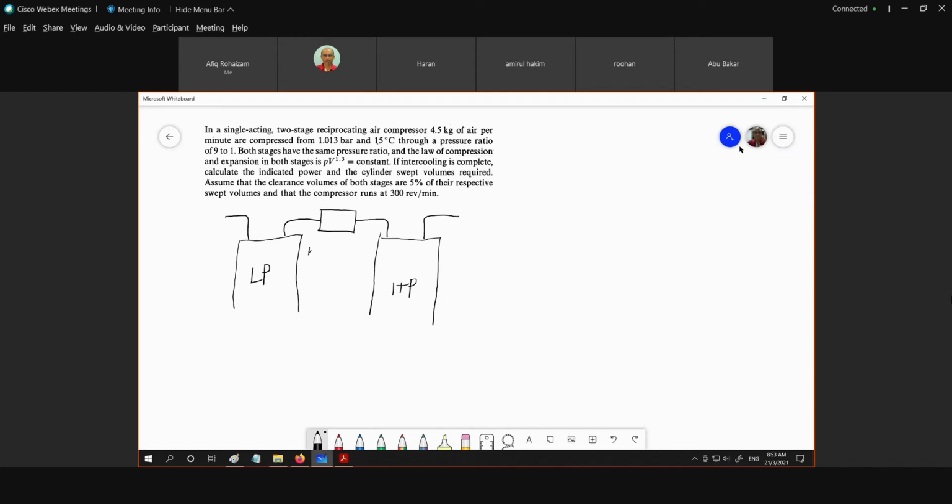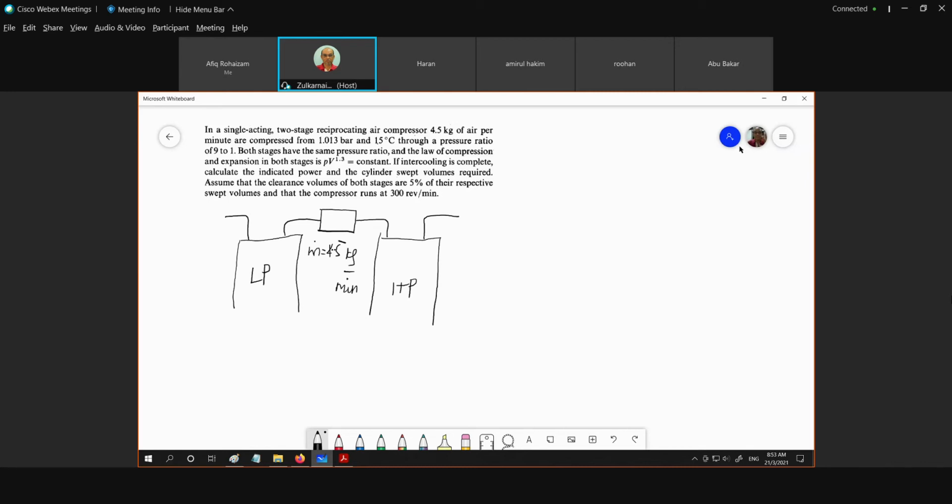Given the m dot is equal to 4.5 kilogram over minute. Then kita dapati ya, dia kata apa? This is being measured at 1.013 bar.